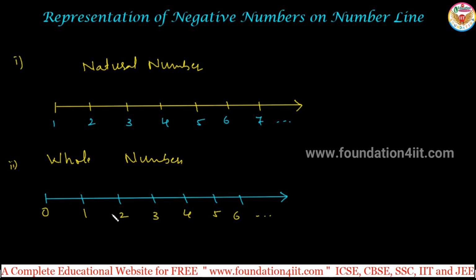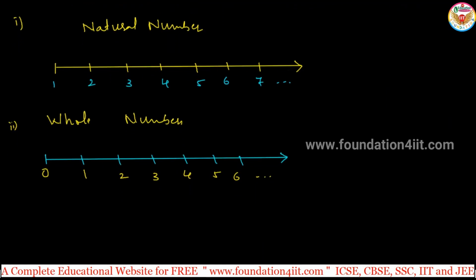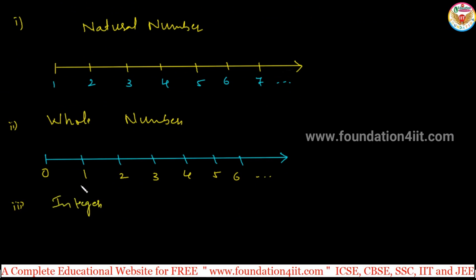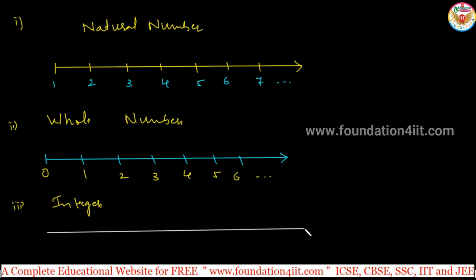Next, the number line representing the integers. Then we'll go for the negative. When you come to integers, we are supposed to take arrows on both sides, left and right.